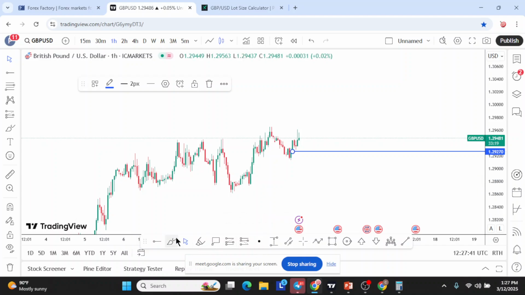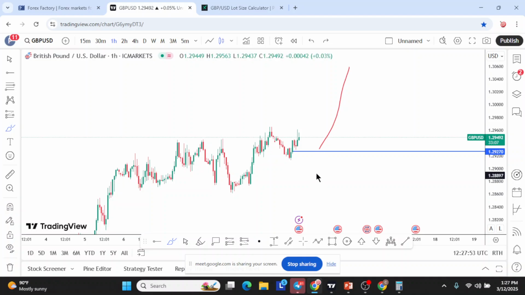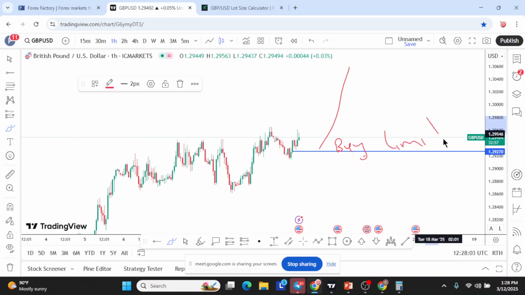That is when we want to buy. Buying at this point means that we are buying below the current market price. You can see we are buying below the current market price. So this type of order is called buy limit. Buy limit, we want to buy below the current market price.